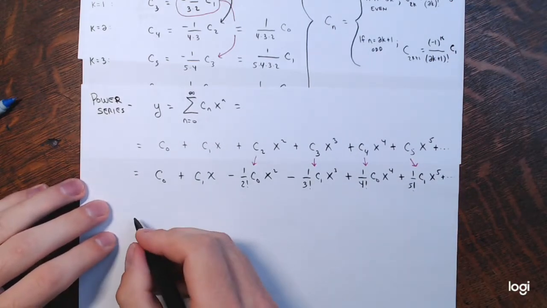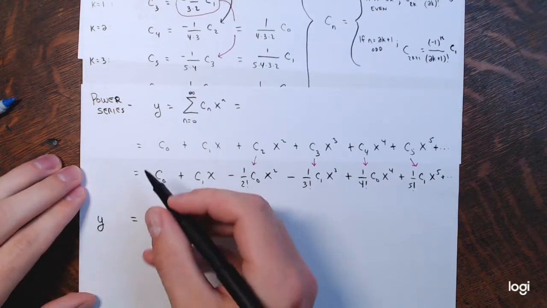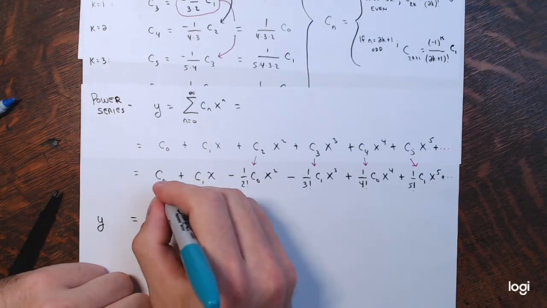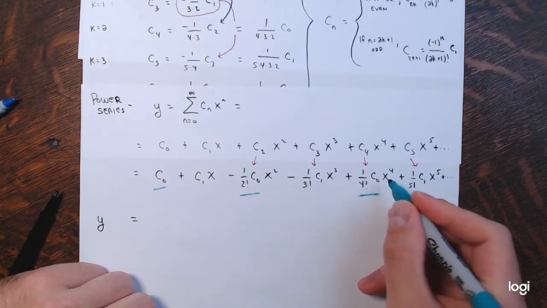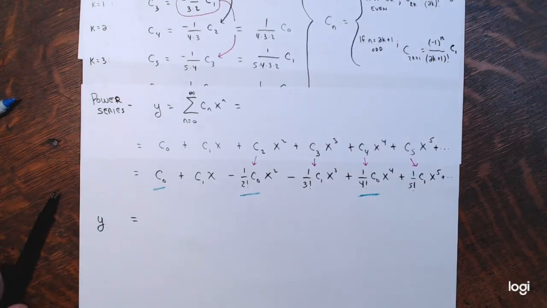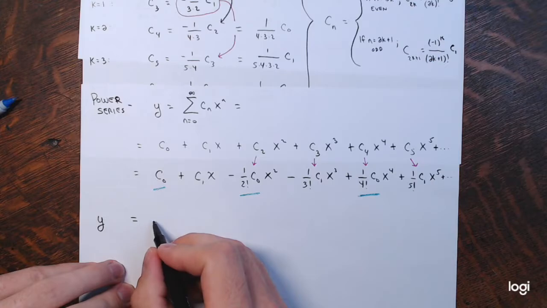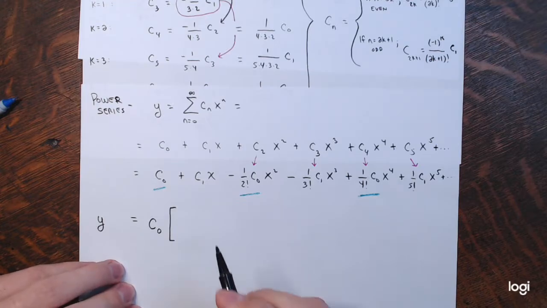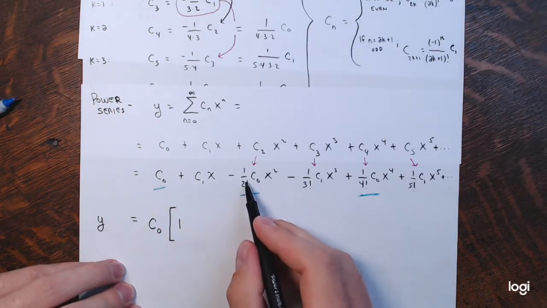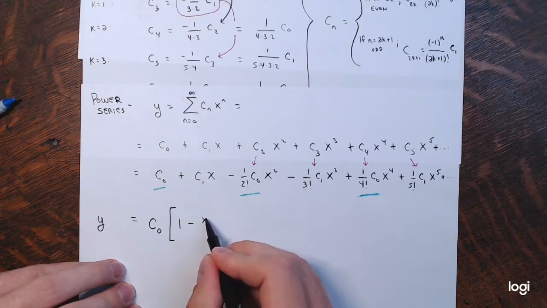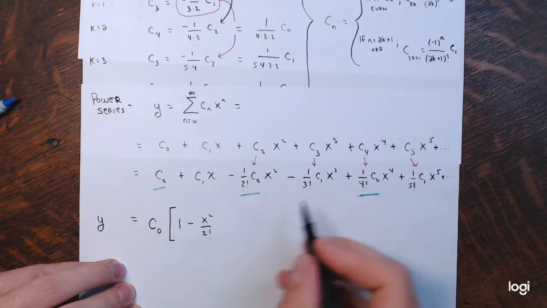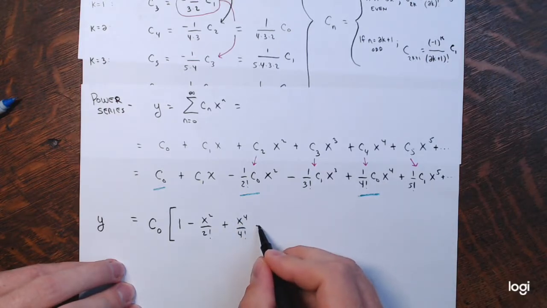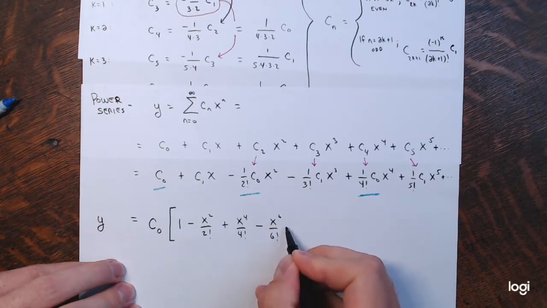If I separate the parts of the series, we get y equals the parts of the series that have c0 attached, all the even-powered terms, and factoring out c sub 0, I'd get c sub 0 times the following sum: 1, then minus half x squared, that is minus x squared over 2 factorial, then plus x to the fourth over 4 factorial, then minus x to the sixth over 6 factorial, and so on.